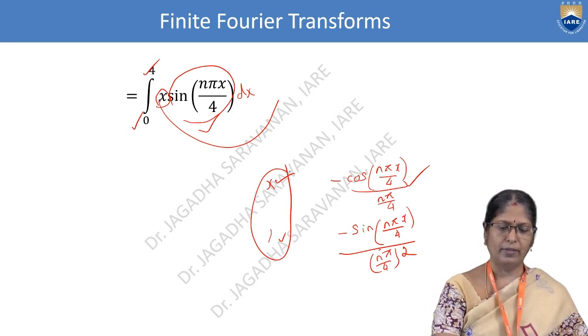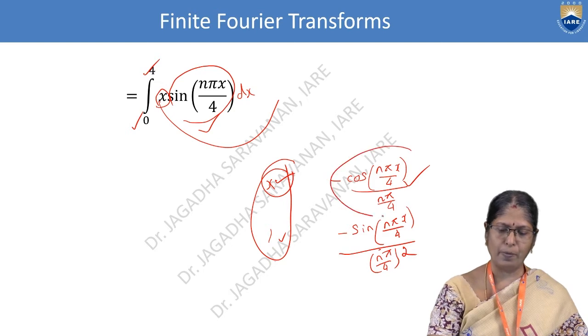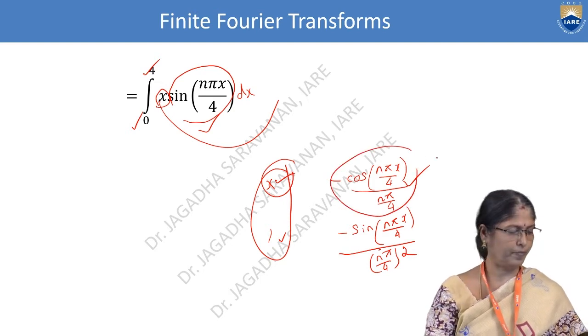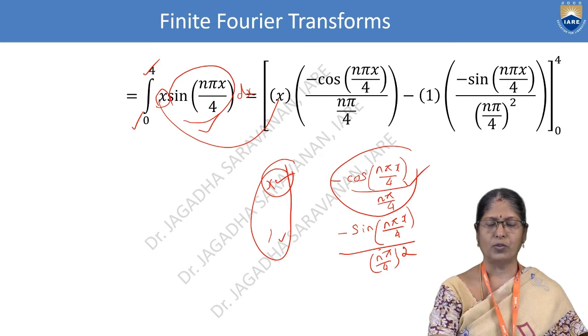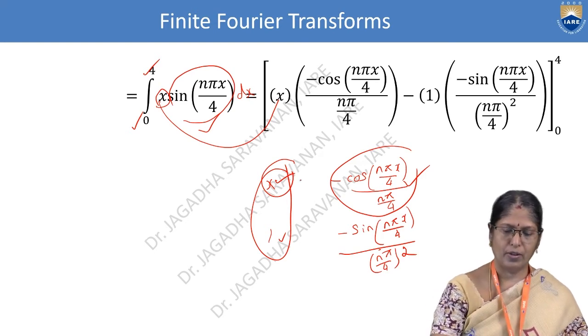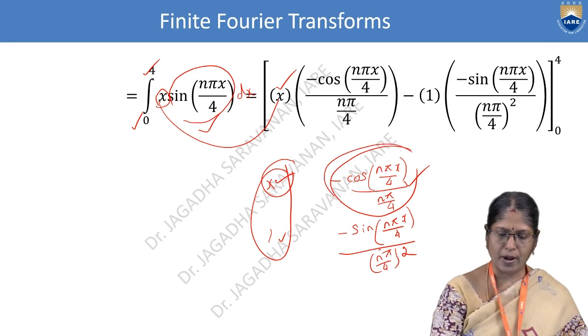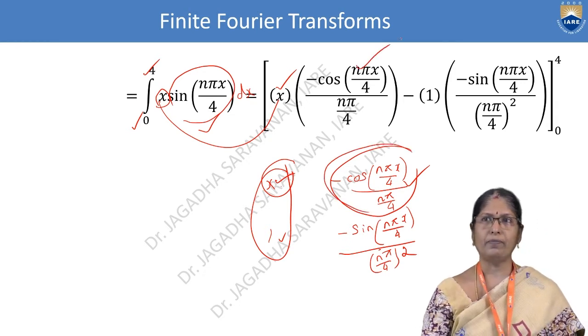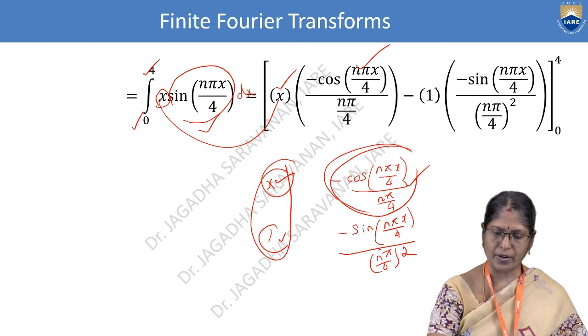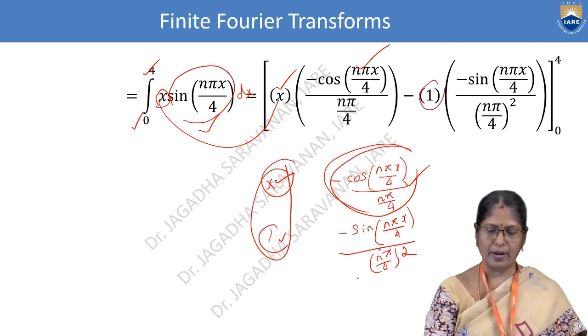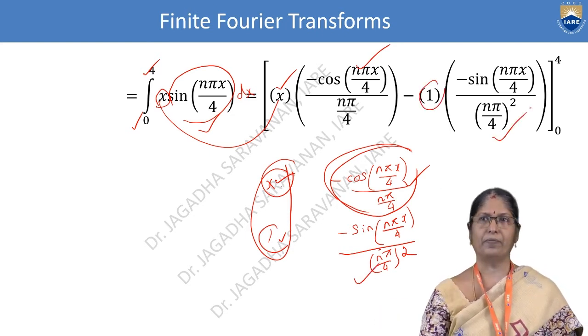Then these are multiplied. So we can see it here: x is written, this particular part is written here, the 1 is written here, and this part is written here.